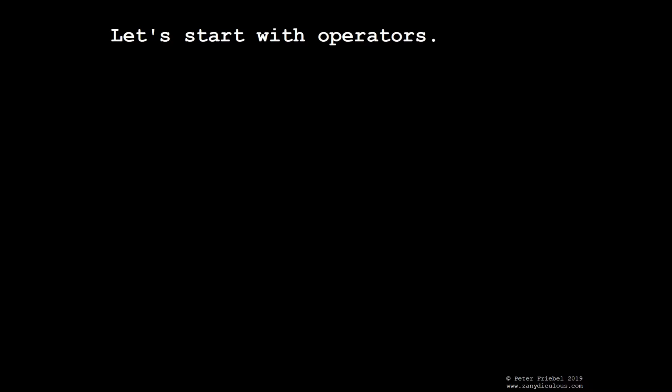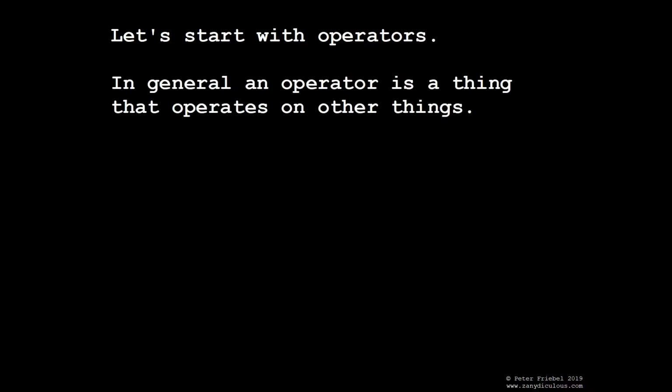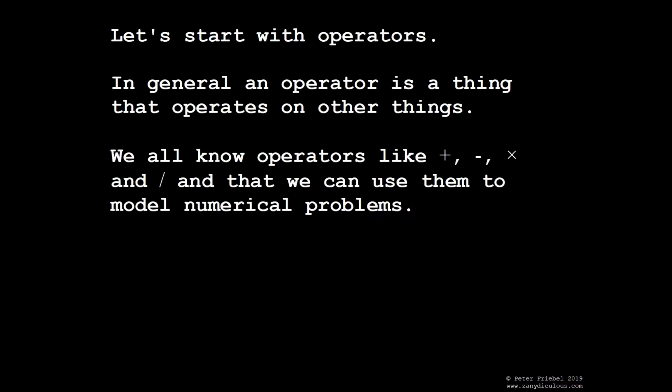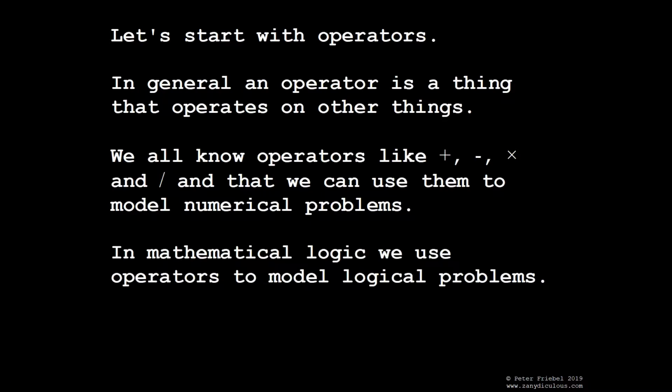So let's start with operators. In general, an operator is a thing that operates on another thing, or things. We all know operators like plus, minus, times, and divide, and that we can use them to model numerical problems. Well, in mathematical logic, we use operators to model logical problems.